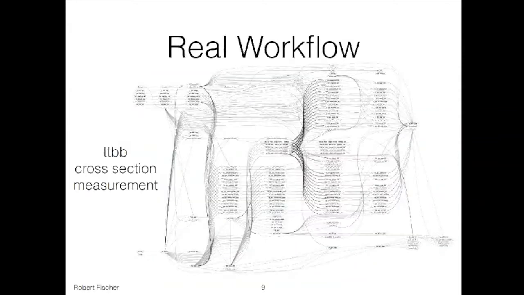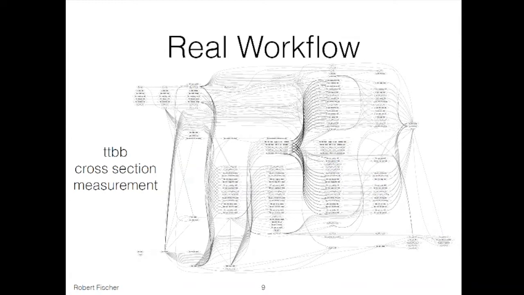So I showed you a picture of the stylized analysis before, and this is a picture of a real analysis. All these little ellipses are steps in the analysis, and the lines are the connections between them. So each line indicates that some kind of information from this step is needed in some of the following steps.